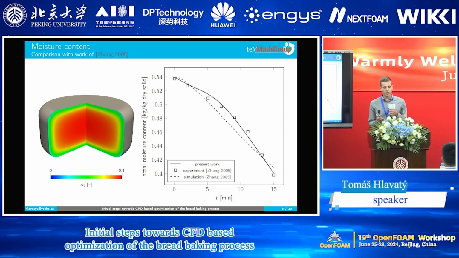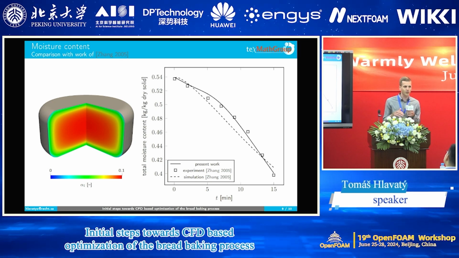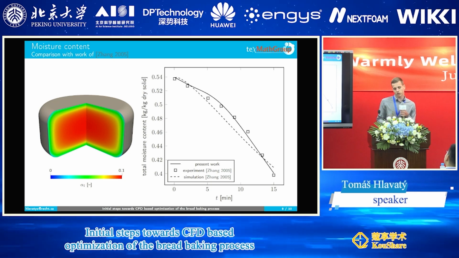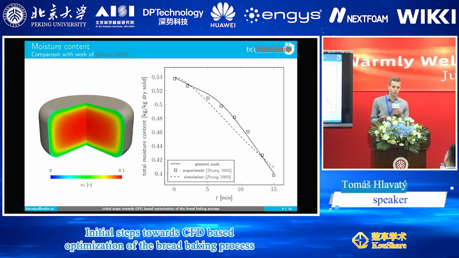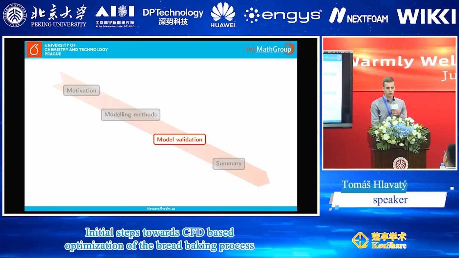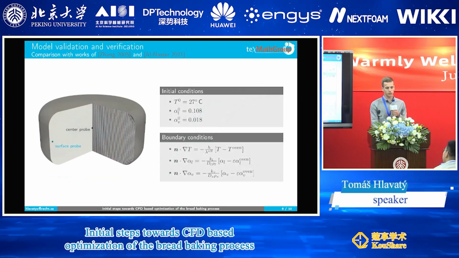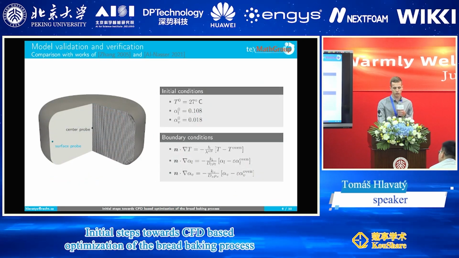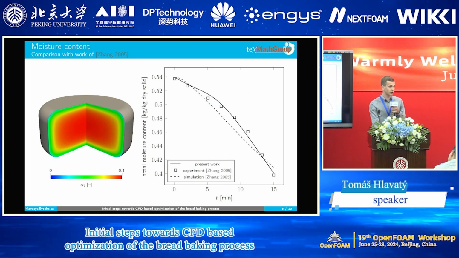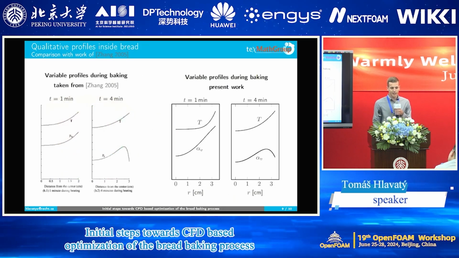So we plan to make some additional experiments to check whether our model might be overfitted with these heat or mass transfer coefficients. So we will check it, but so far it looks very nice.